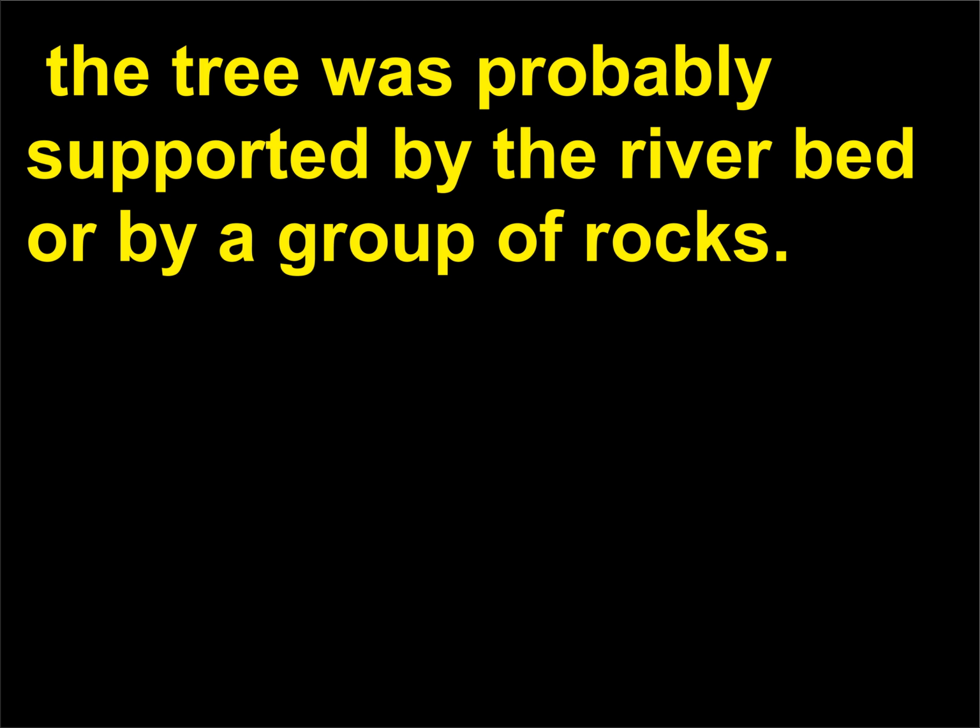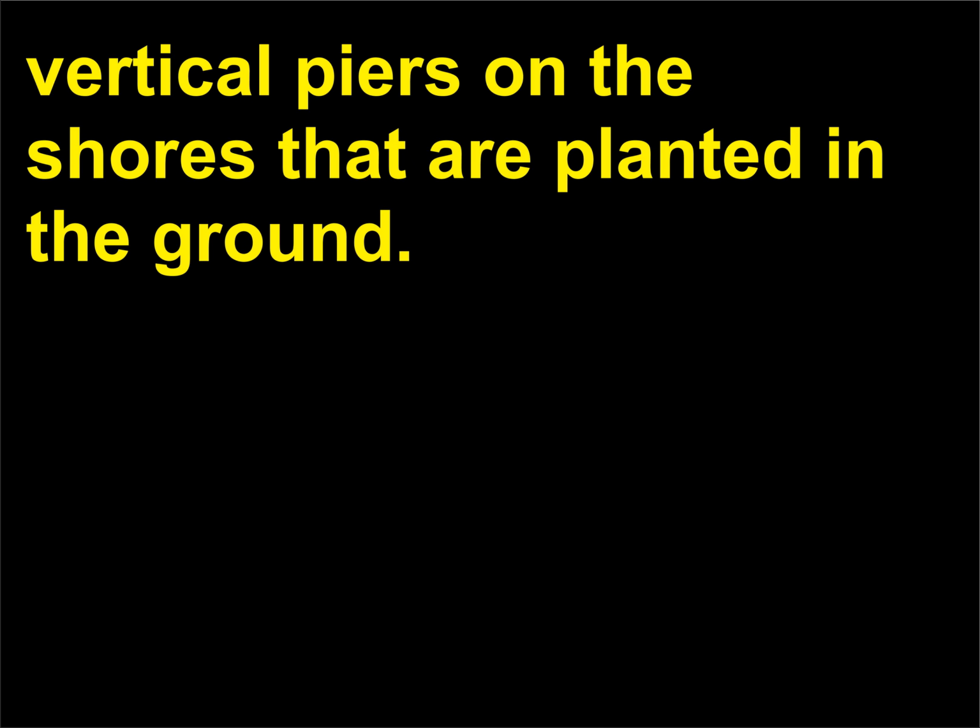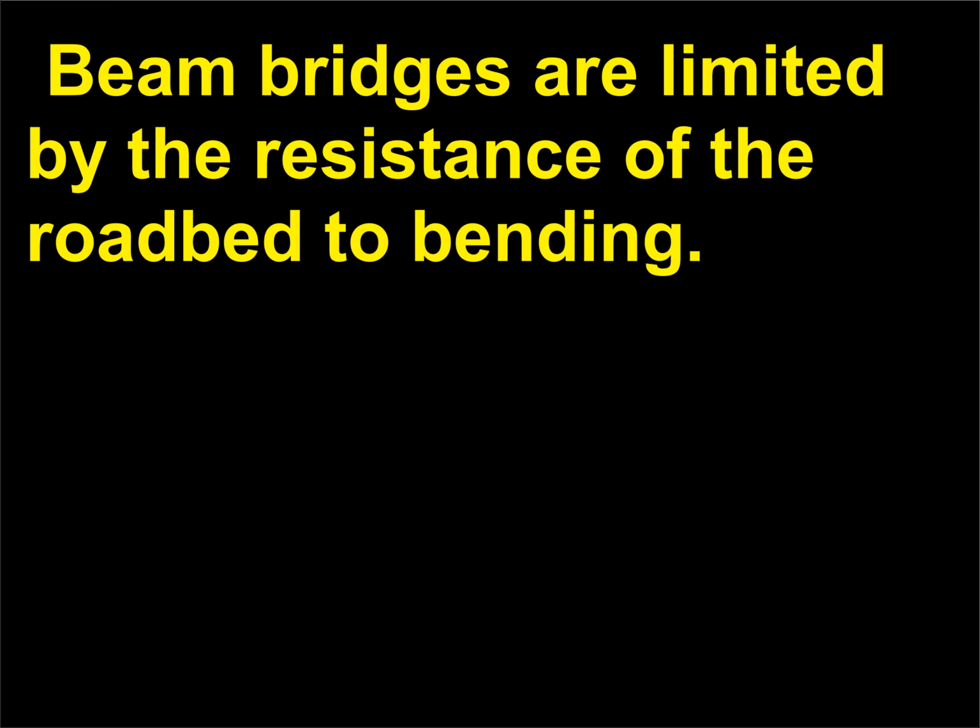The tree was probably supported by the riverbed or by a group of rocks. Beam bridges consist of a horizontal roadbed supported by vertical piers on the shores that are planted in the ground. Beam bridges are limited by the resistance of the roadbed to bending.